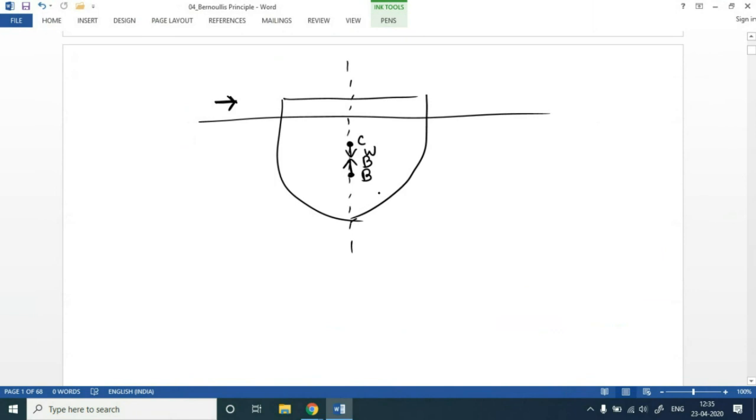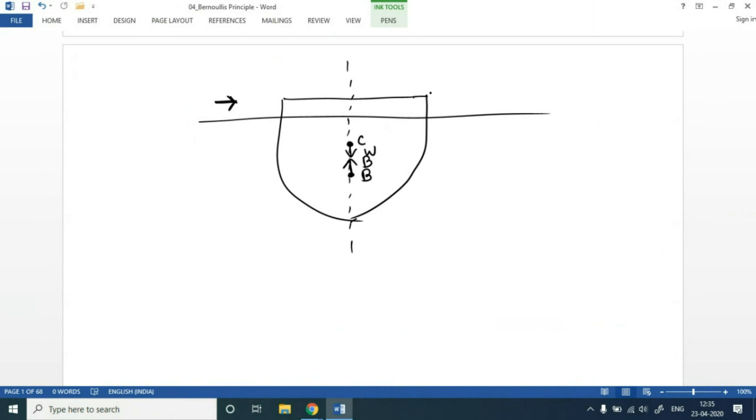That means the relative position of C and B is not going to change. Neither is the fraction of the volume that is submerged in the liquid going to change. So there will be no change in the status of force here.